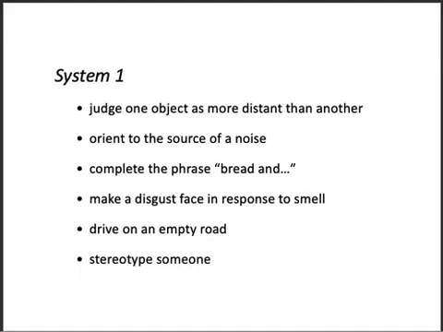Or it can be used to orient to the source of a noise, to complete linguistic phrases that you're familiar with, to feel disgust in response to a smell, and this is something that we'll look at in a bit more detail in a moment, or to drive, especially when driving has no serious challenges. So if it's just an empty road, then you can just go on autopilot, so to speak, and you don't have to really think about what you're doing.